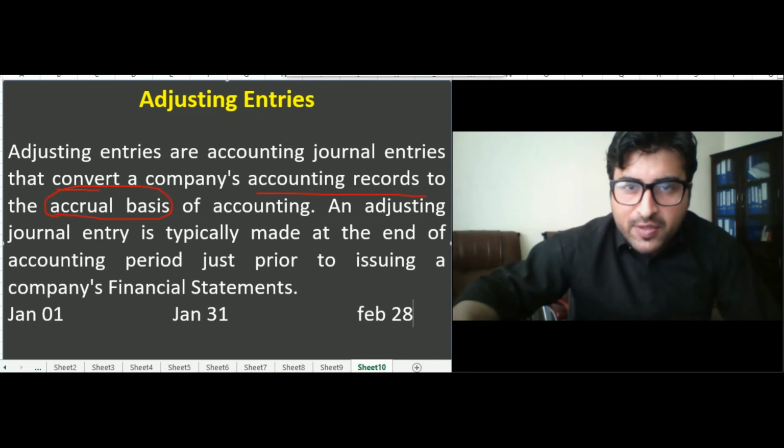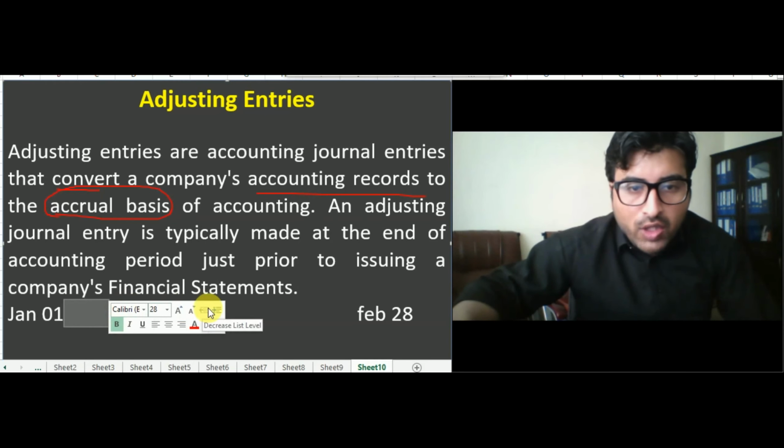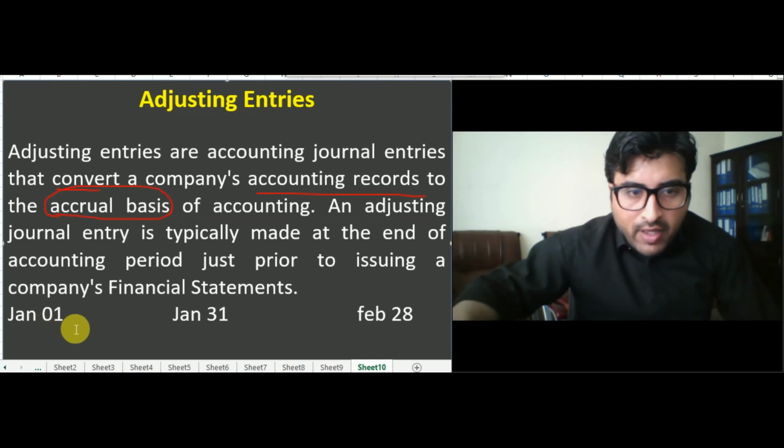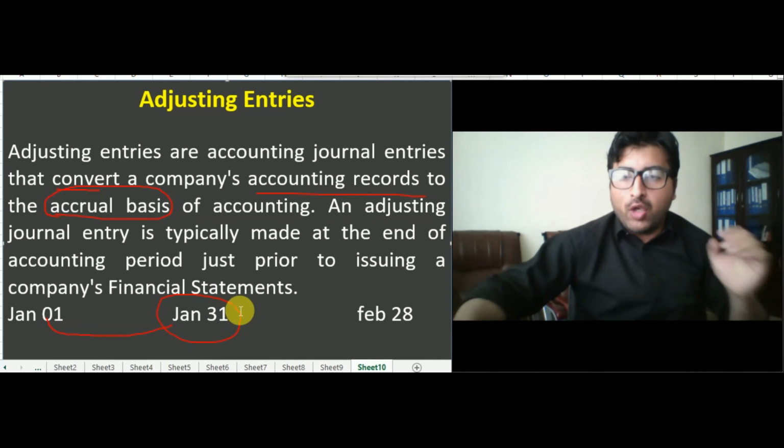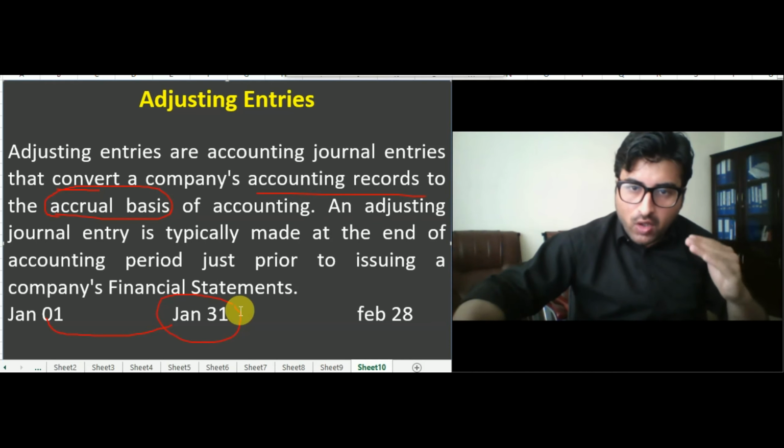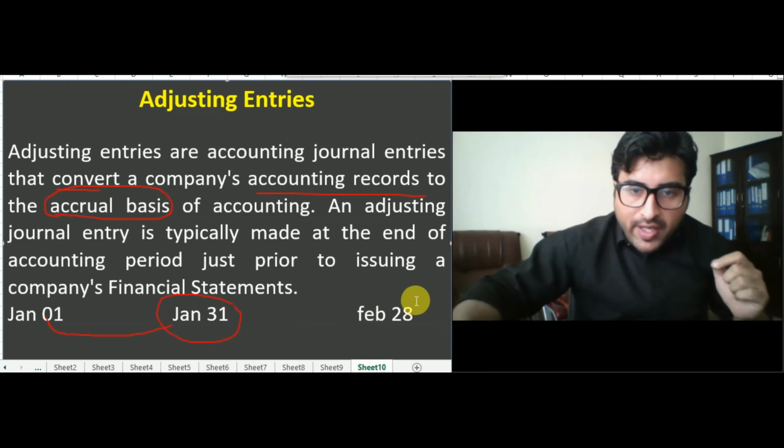So we have an accounting period starting from January 1st and ending at January 31st. What does this mean? It means we are preparing the income statement at January 31st. We measure our profit and losses at the end of January 31st and also at the end of February 28th.